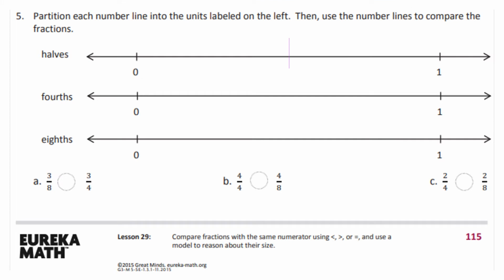So for this next one, it says partition each number line into the units labeled on the left. Then use the number line to compare the fractions. So we have halves, fourths, and eighths. So you can see I put in one of the lines for us for the halves, but remember fourths, it would be here.